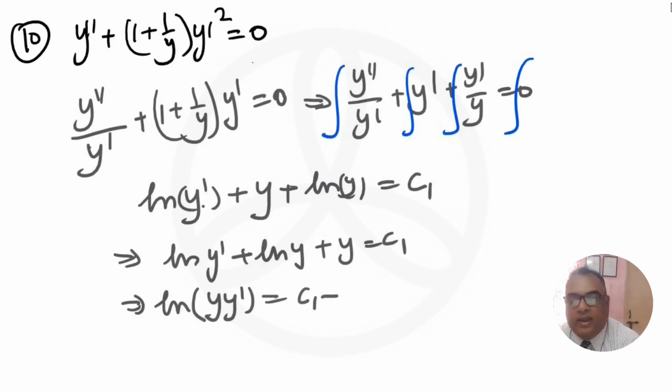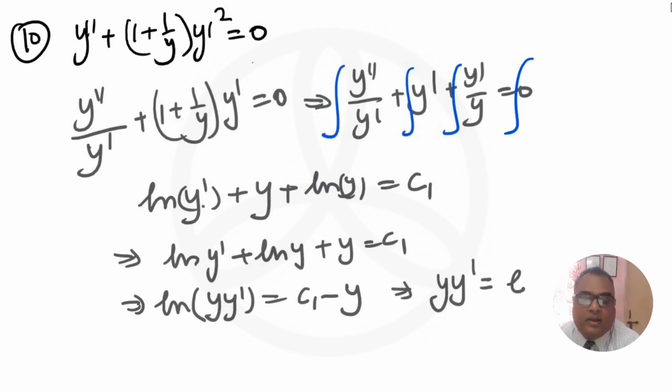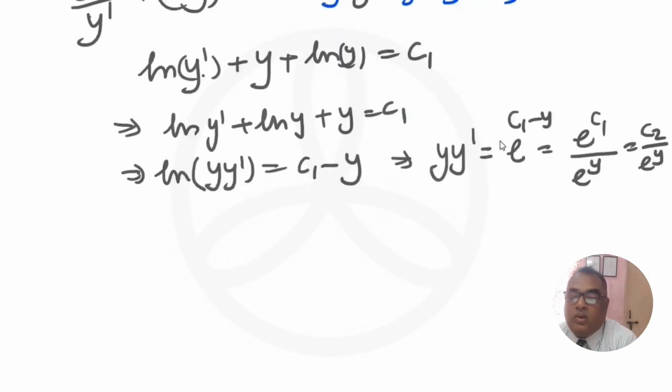So we get y prime on the left hand side, and on the right we get e to the power c1 minus y. This is nothing but e to the power c1 divided by e to the power y. This we can assume as a different constant. Let it be c2. Therefore, we have y prime is equal to c2 by e to the power y.